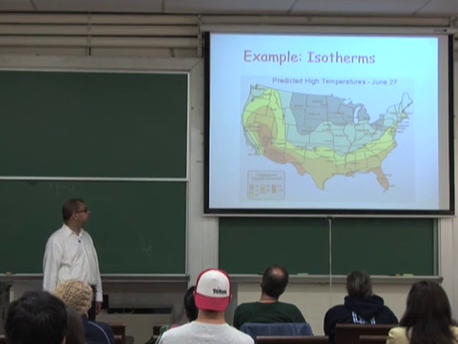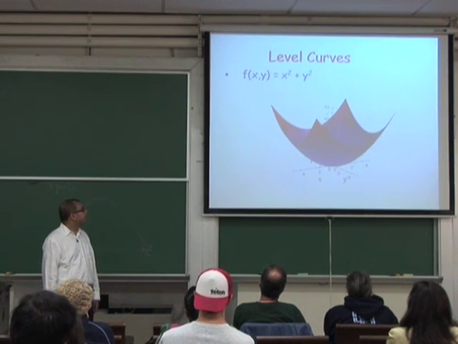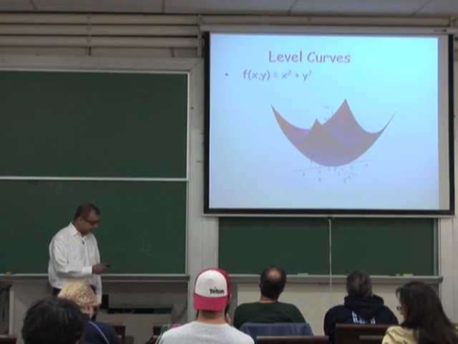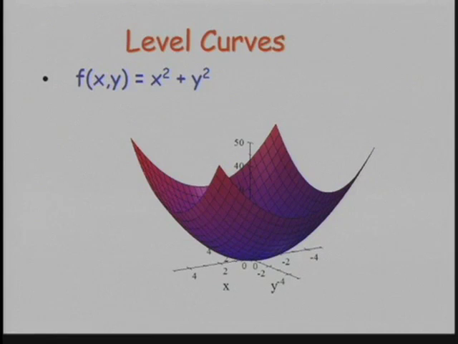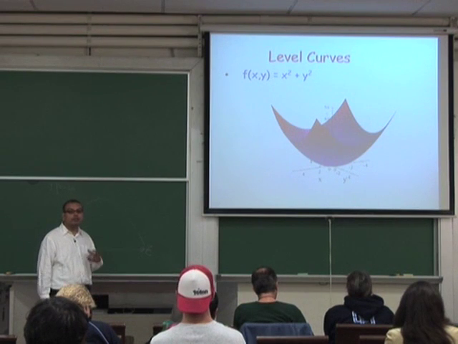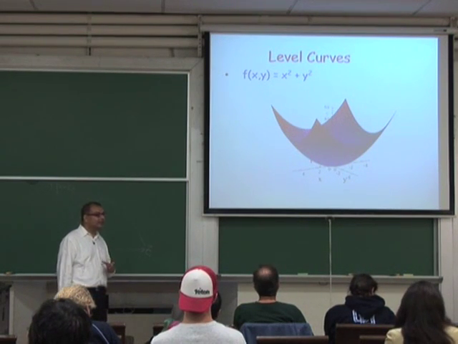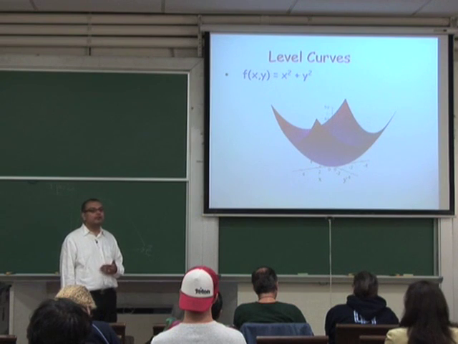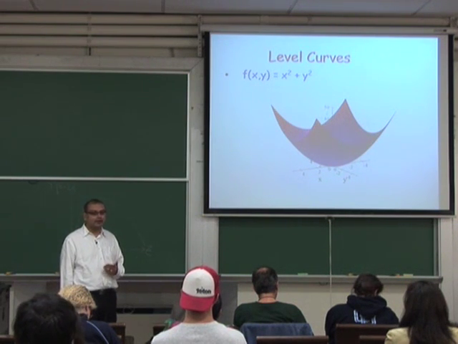Everybody see that? Okay. So here's another function. Here I've got f as a function of x and y. You should get used to using different letters for the different input and output variables.